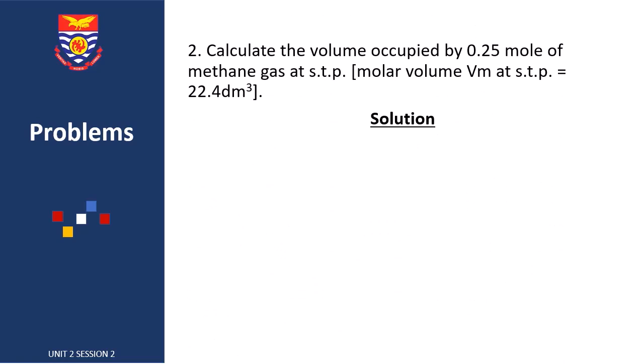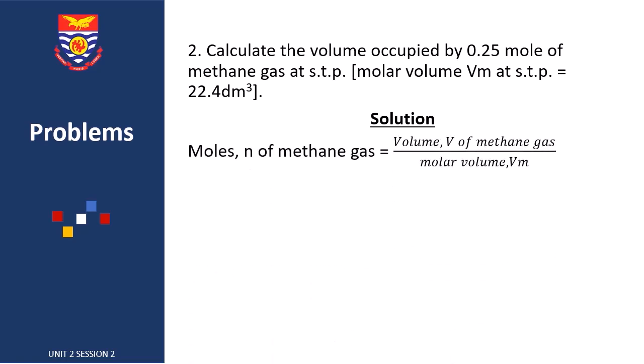Another example has got to do with molar volume. We are to calculate the volume occupied by 0.25 moles of methane gas at STP. So we go back to our relation: number of moles is given as volume over molar volume. Let's see if we have been given the parameters. We have been given the number of moles, which is 0.25. The molar volume is a constant there, which is 22.4.